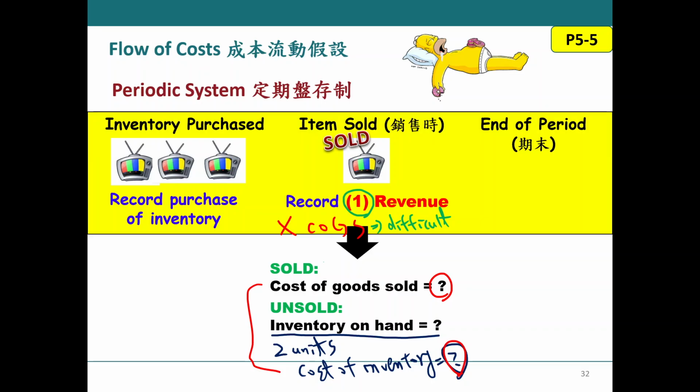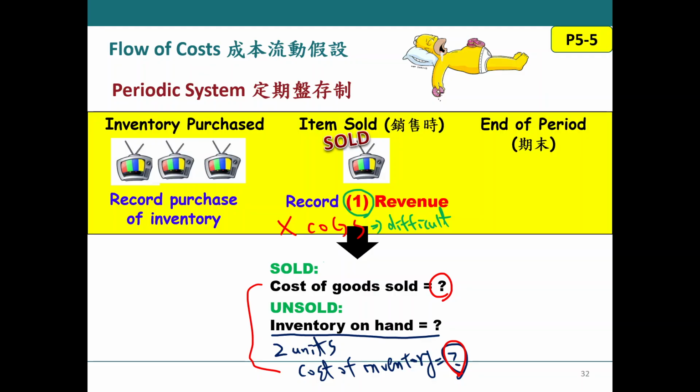You don't know everything about your inventories, okay? Based on this, on the last day, what kind of things do you have to do? Try to find out your cost of goods sold. Try to find out your cost of inventory, right? But what's the problem? I didn't record everything. How can I get the number on the last day? How? The only way you can solve the problem is how?